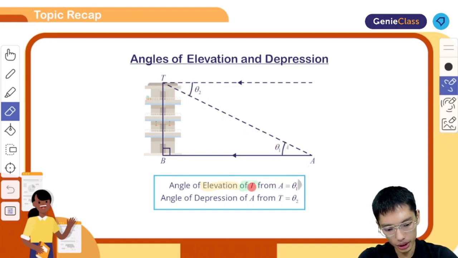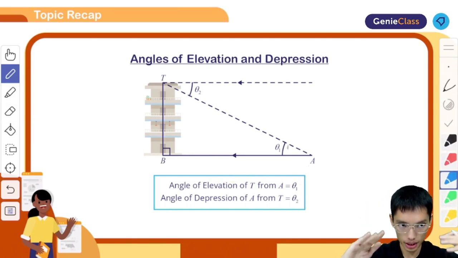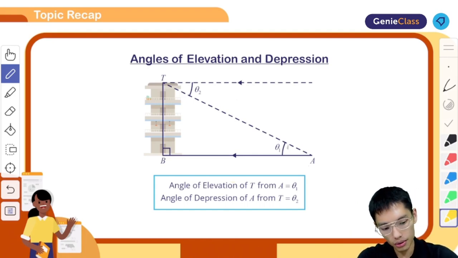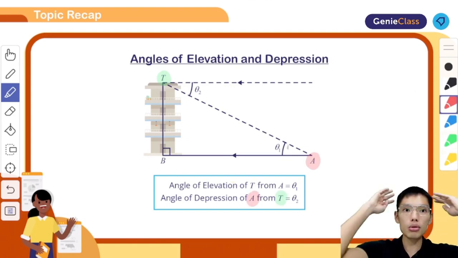And if I repeat for the depression. Depression means what? Depressed means not because you are depressed, but you are depressing your head. You are looking down. So from T to A, you are looking down.